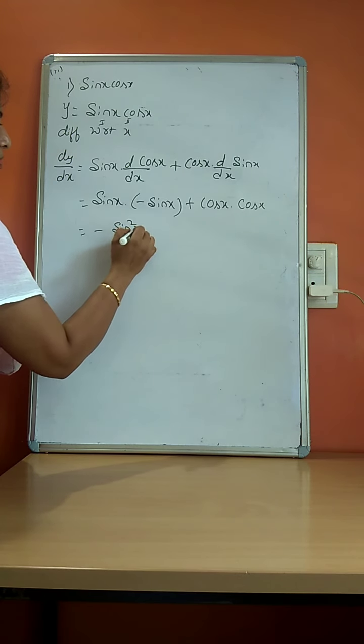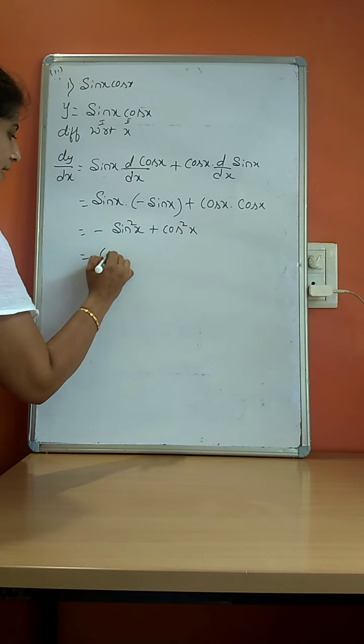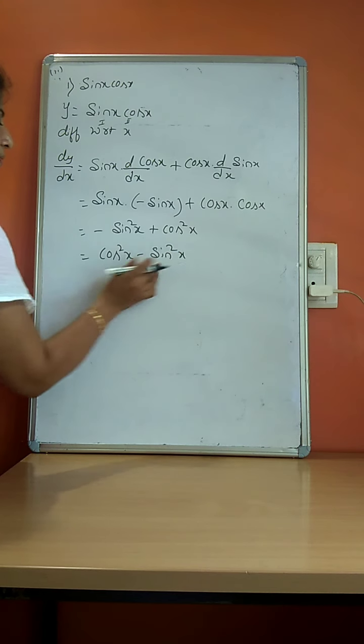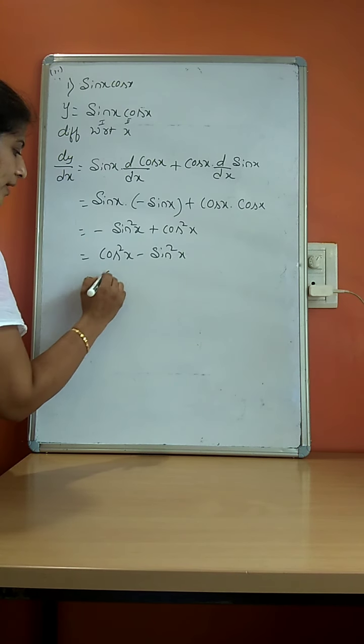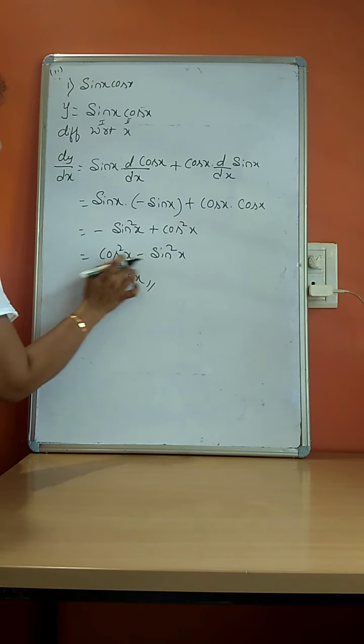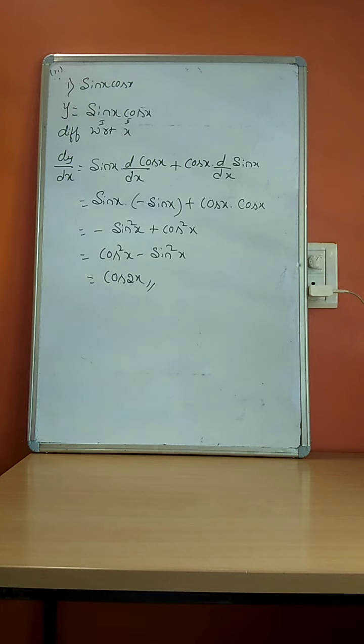Minus sin square x plus cos square x, or you can write it as cos square x minus sin square x. This can also be written as what? Cos 2x. In trigonometry we know cos square x minus sin square x is what? Cos 2x. Okay.